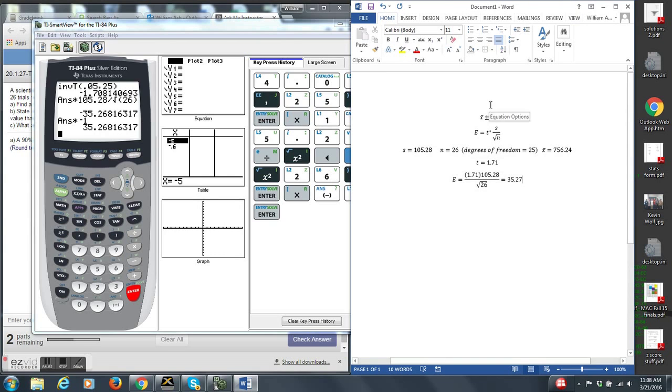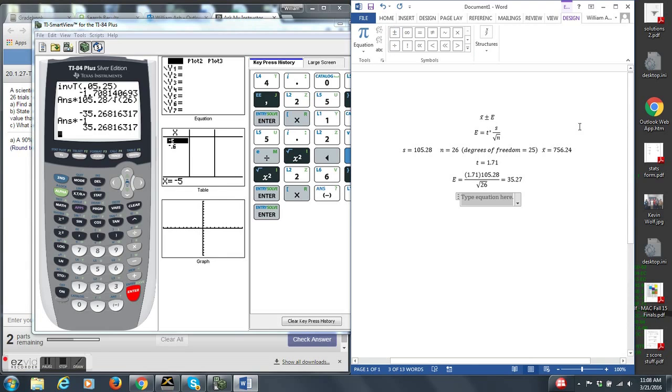So I've got to go x bar plus E, x bar minus E. What was my x bar? 756.24 plus 35.27 and 756.24 minus 35.27.